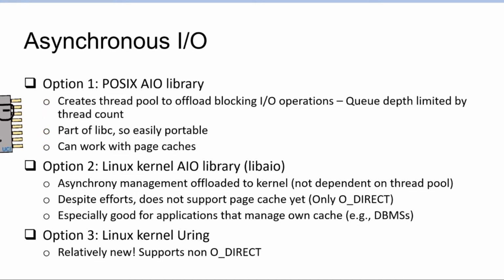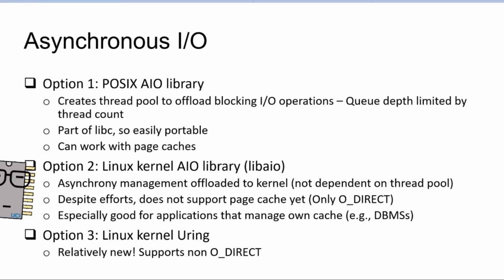If they're all waiting for a synchronous I/O to come back, then they'd not be scheduled by the CPU, which is fine. And the POSIX AIO library is part of libc, where the standard I/O and all that stuff is. So it's very easily portable. And it does work with page caches because under the hood, it is doing something like fread pretty much.